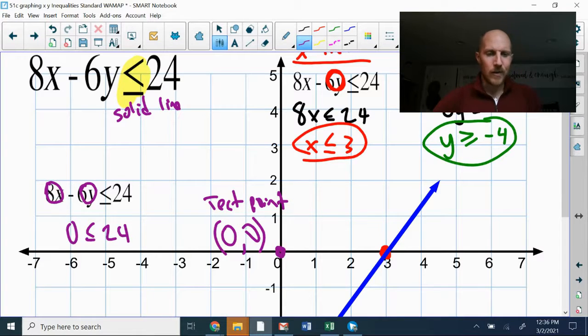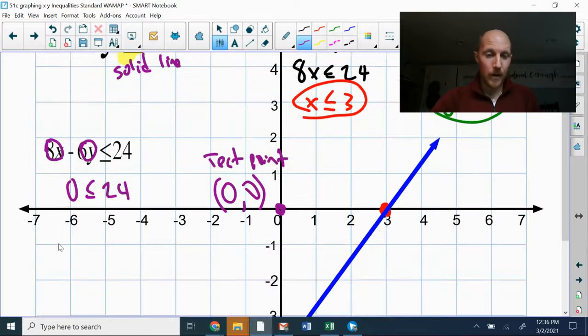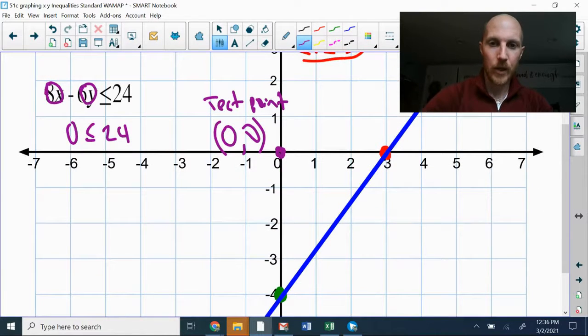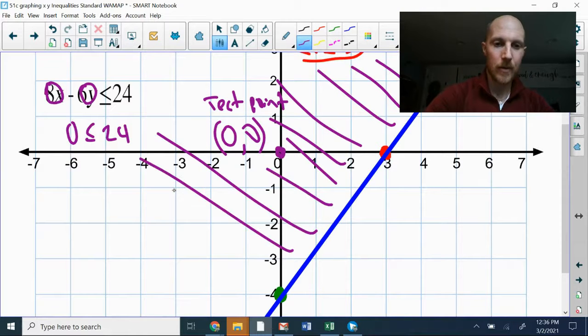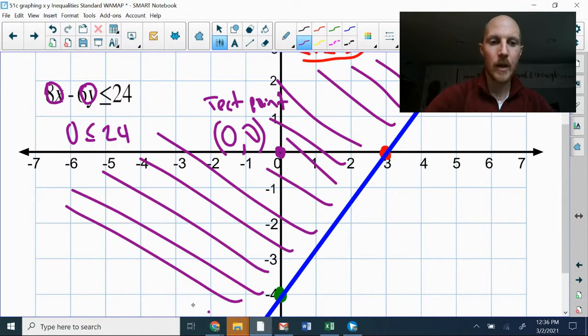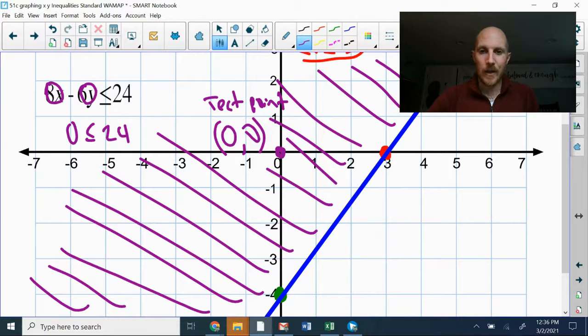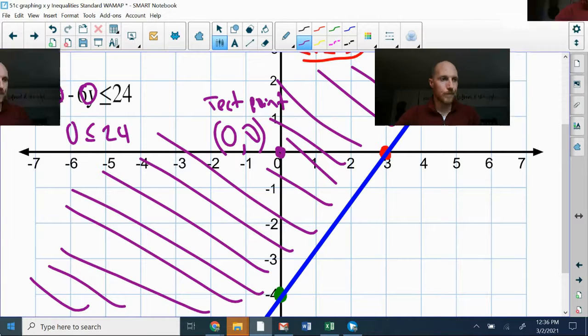Yeah, it is. So what that means is where the test point is located is the correct part for me to shade. And so since the test point is above the line, I'm going to fill in with some shading that whole top part of the graph. Everywhere that is above that line gets shaded in.